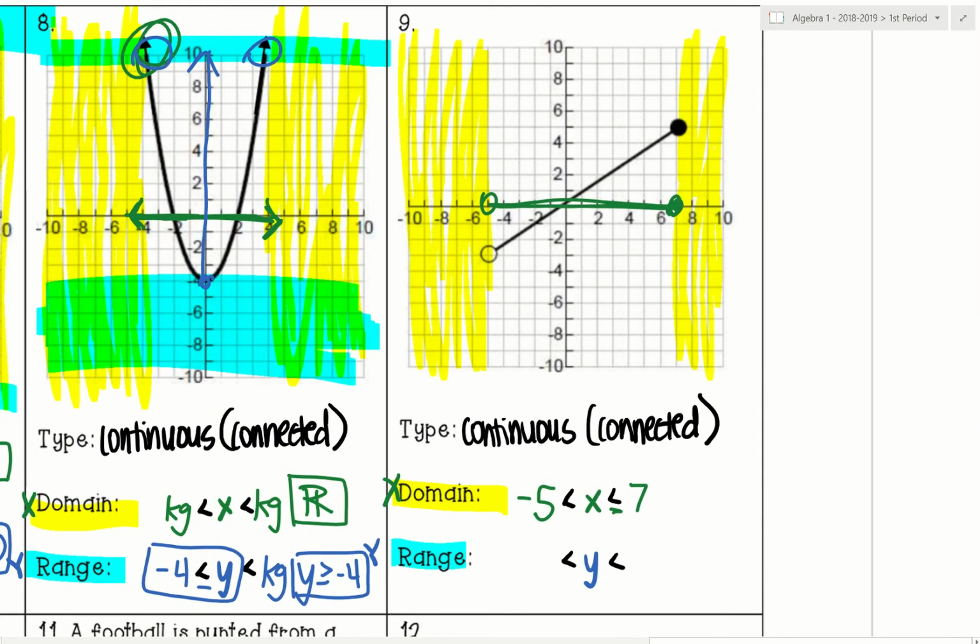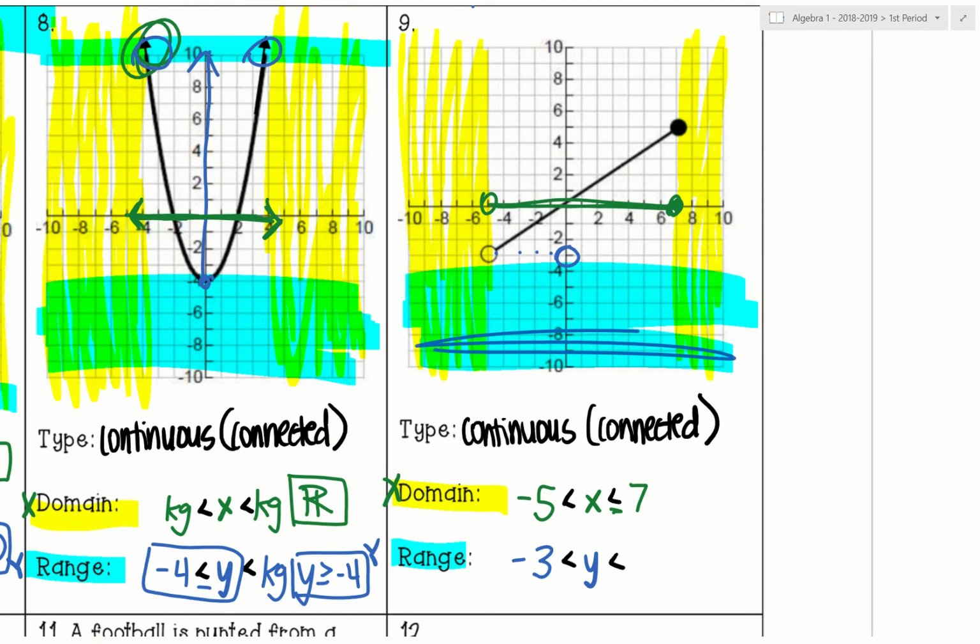Number 9. Where do I start for range? At the bottom. What do I run into? Open circle at -3. Okay.